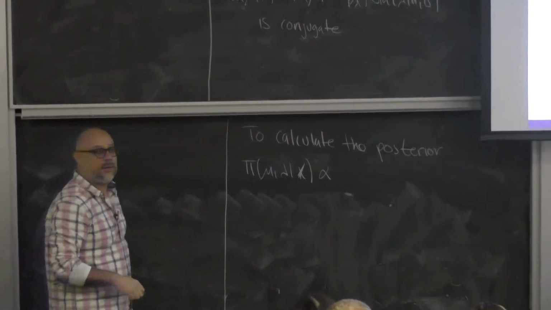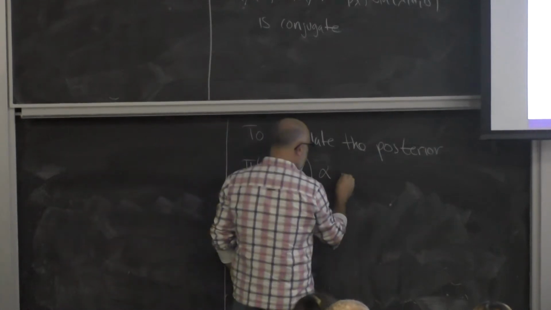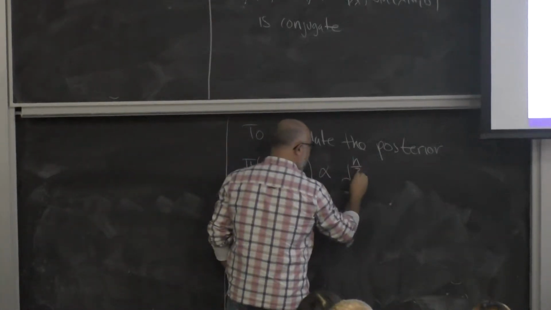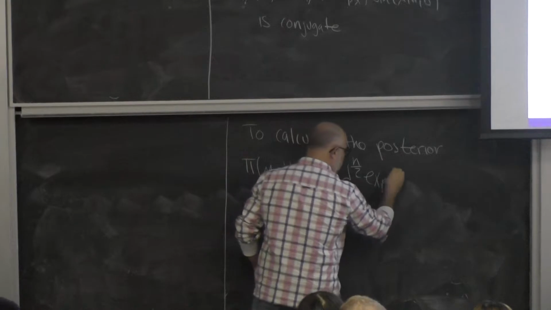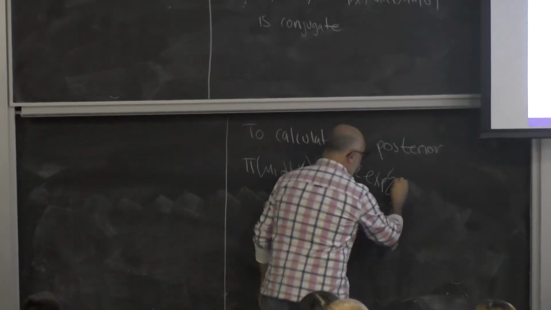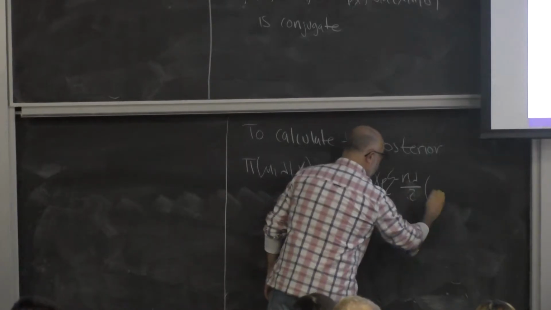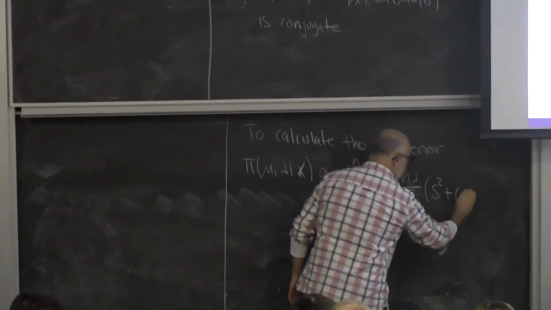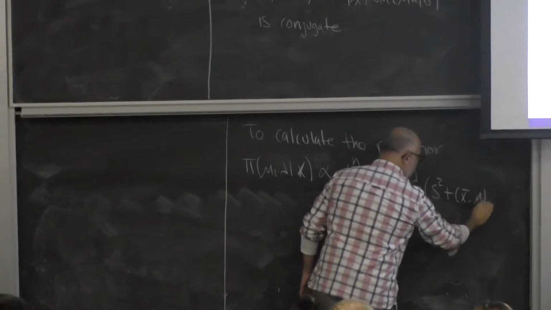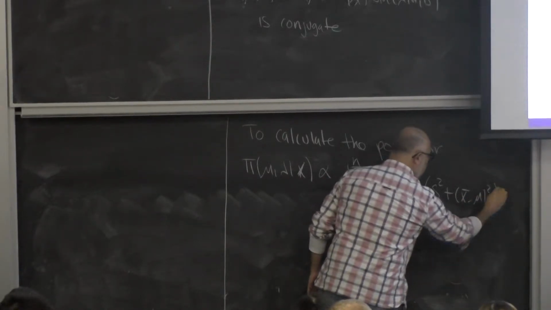We've written the likelihood from this Gaussian example quite a few times. That will be lambda to the n halves exp of minus n times lambda over 2, s squared plus x bar minus mu squared.